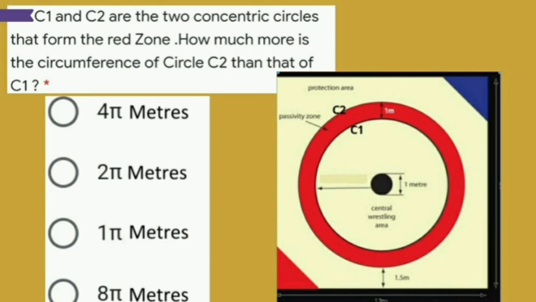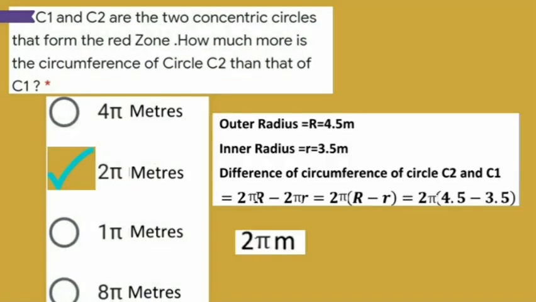So simply for this question, we will be calculating the circumferences of circles C2 and C1, using the formula 2 pi r, where we take the outer radius in the case of circle C2, that is 4.5 meter, and the inner radius in the case of circle C1, that is equal to 3.5 meter. Since it is asking how much more, we are supposed to find the difference of the two. So here I have calculated the difference by using outer radius 4.5 meter and inner radius 3.5 meter as discussed.